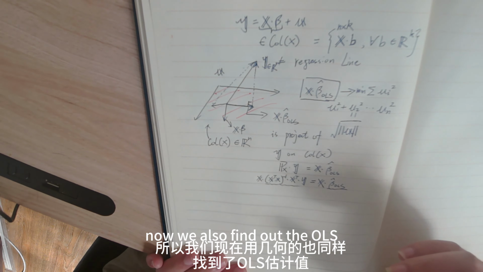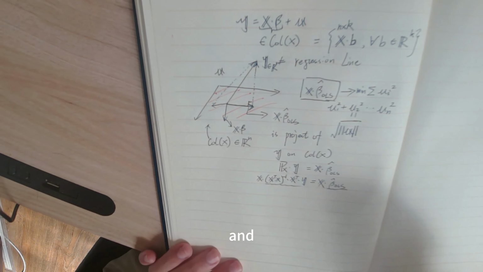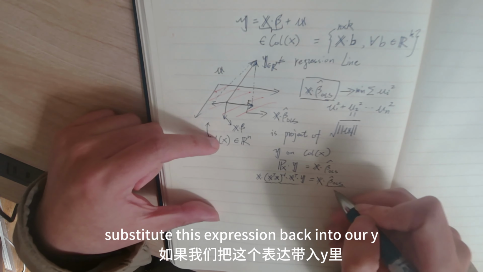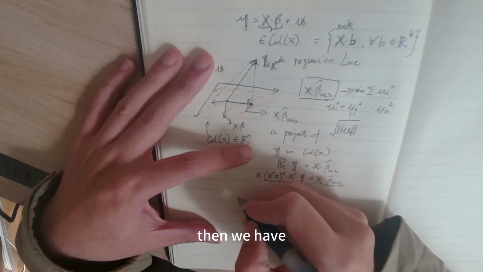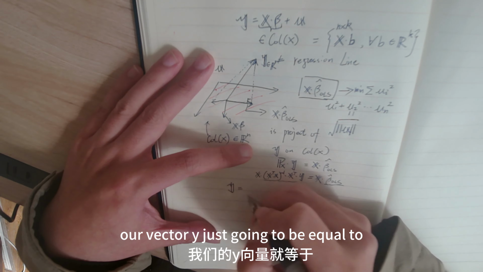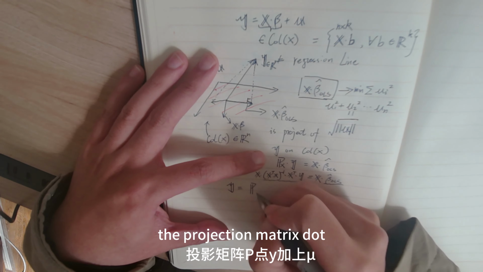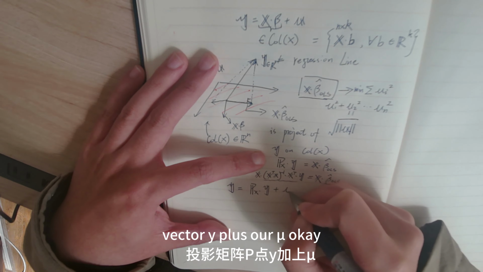So now we have also found the OLS estimator by using a geometric relation. And here are some very interesting results. If we substitute this expression back into our y, then our vector y is equal to the projection matrix dot vector y plus our mu.